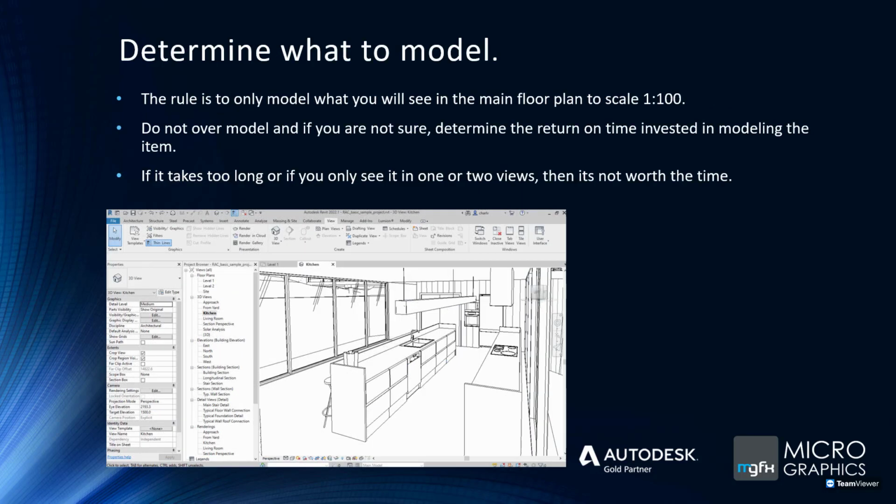Right, so the main thing also, a lot of guys have the perception that you need to model everything, and that is not true, especially in Revit. So the more you model, the more time it takes to create your initial steps.